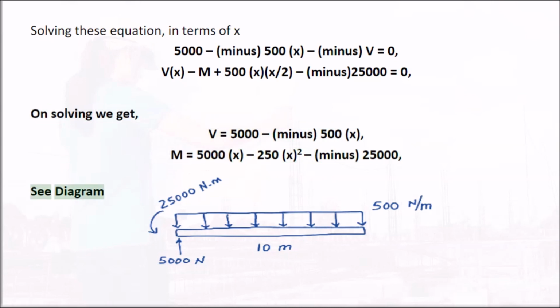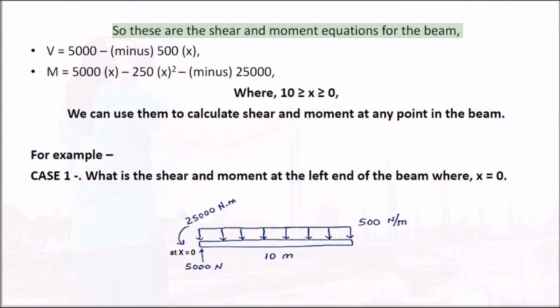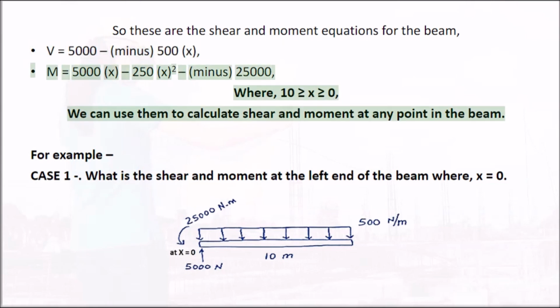See diagram. So these are the shear and moment equations for the beam. V equals 5000 minus 500x. M equals 5000x minus 250x² minus 25,000, where 10 is greater than or equal to x, which is greater than or equal to 0. We can use them to calculate shear and moment at any point in the beam.